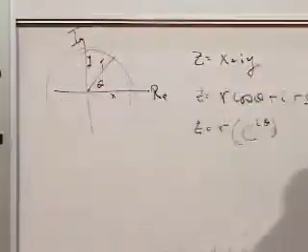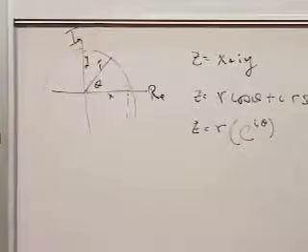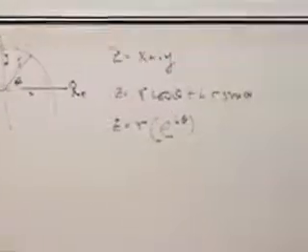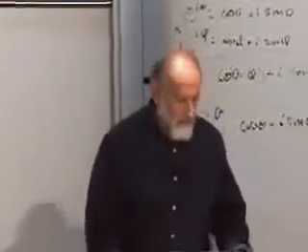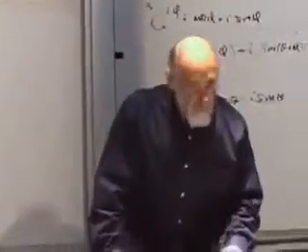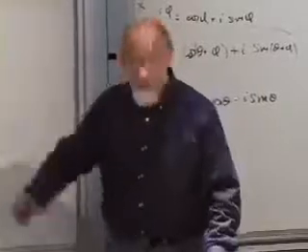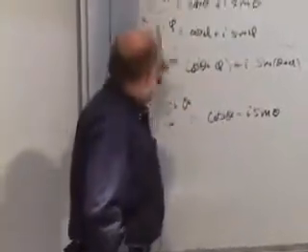I don't know what to call them, unitary numbers. Numbers of the form e to the i theta, you can call them unitary numbers, and they have the property that they lie on the unit circle, and they times their complex conjugate is exactly equal to 1.